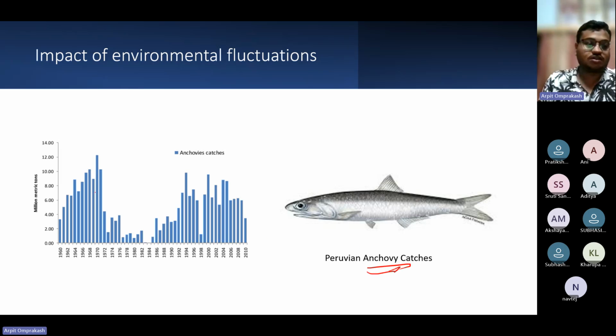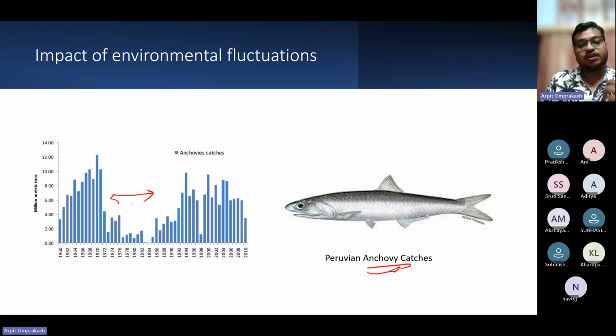So here as an example, we see these fishes, which are called anchovies. So this is the yearly harvest of anchovies in Peru. Here we see that for this time period, there's not a lot of catch.